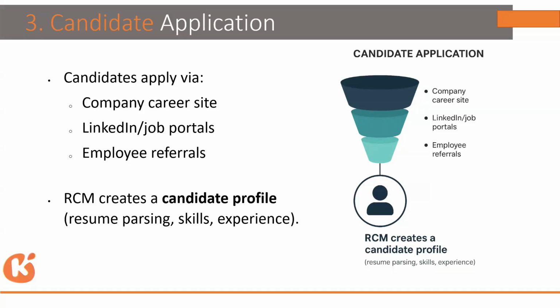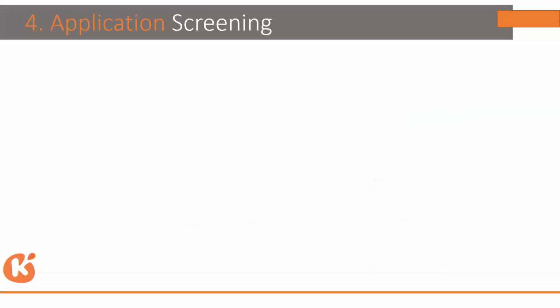So whenever people start applying, then you create their profile in RCM, and then you go ahead and check all those. There is a resume, there is a skill, experience. So you can check how good the candidate is and how fit that person is for the organization, right? So like this, you will see all these candidate applications.